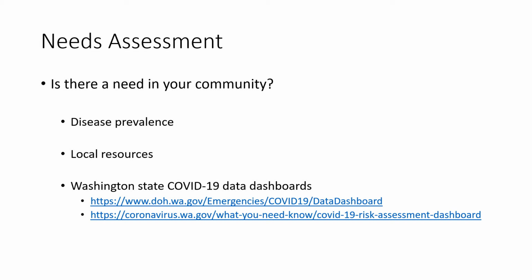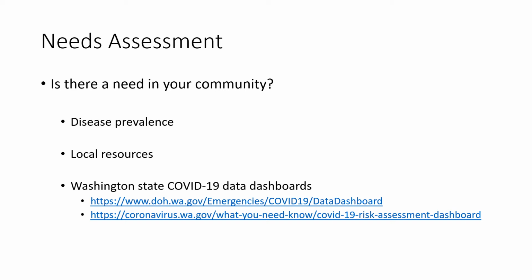Washington State has a goal of less than 2% of total COVID-19 tests being positive. You will also want to consider local resources, specifically whether your county is meeting its testing goal. The Department of Health has shared that no county in the state has yet achieved its testing goal in terms of the number of tests that are able to be administered per day. This means there is a need in all counties across the state.